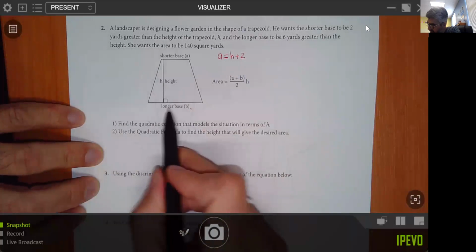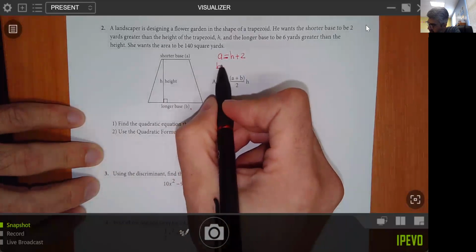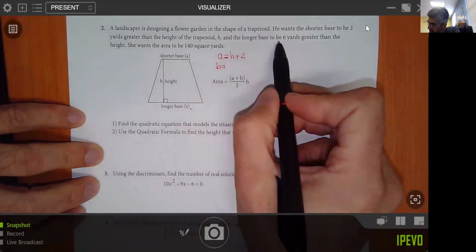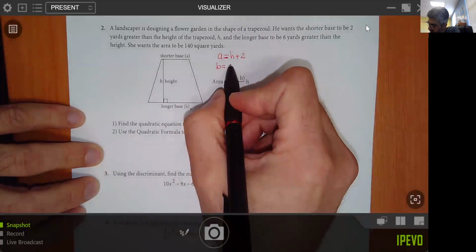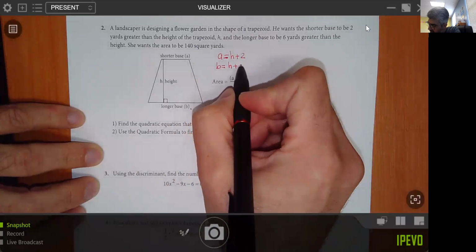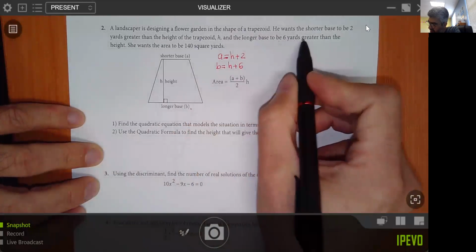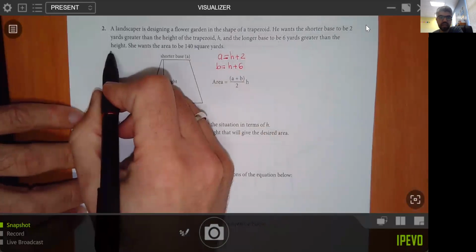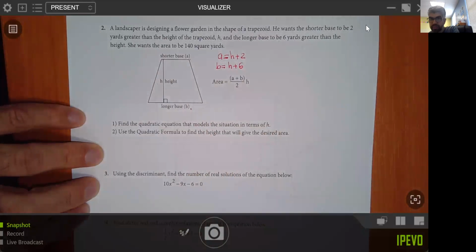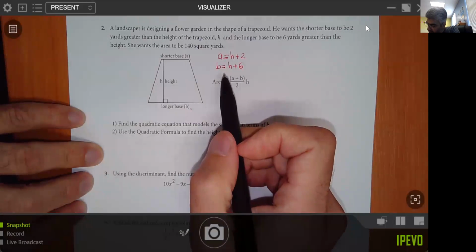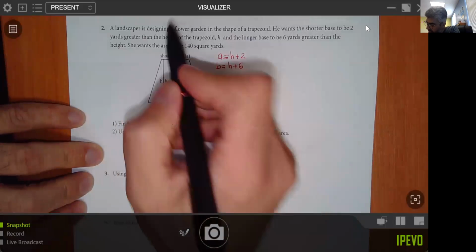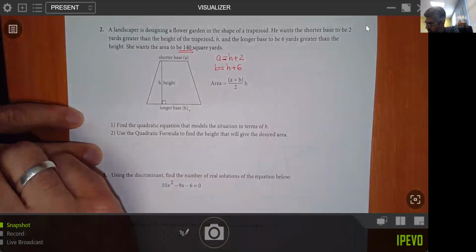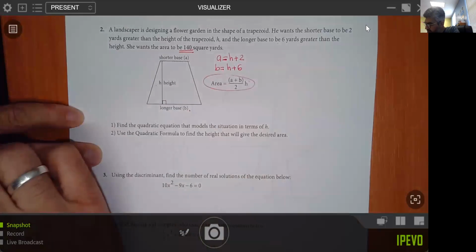So longer base, B, to be 6 yards greater. So it means h plus 6, 6 yards greater than the height. She wants the area to be 140 square yards. And here the area formula.